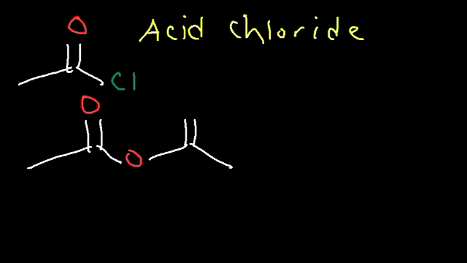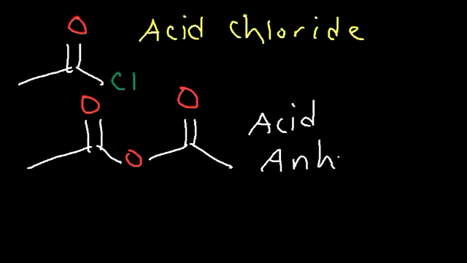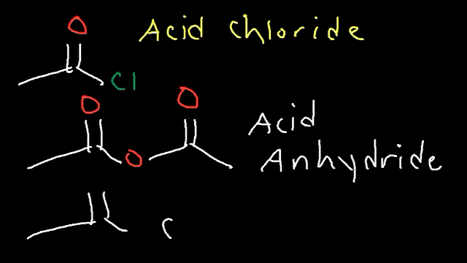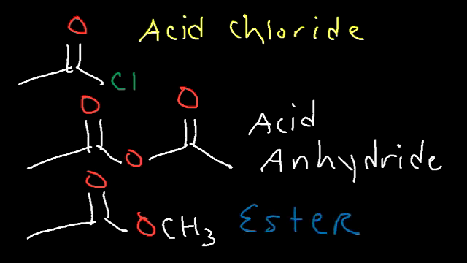So the next one is called an acid anhydride, which is also reactive. Both of these are carboxylic acid derivatives. And next you have what is known as an ester. An ester looks like a carboxylic acid, but instead of a hydrogen, you have a carbon.